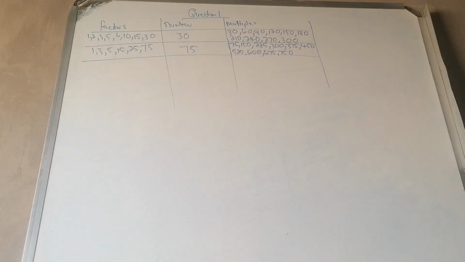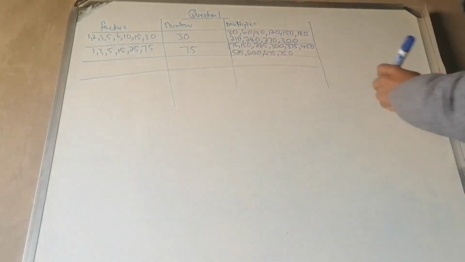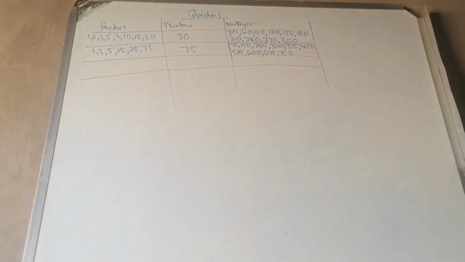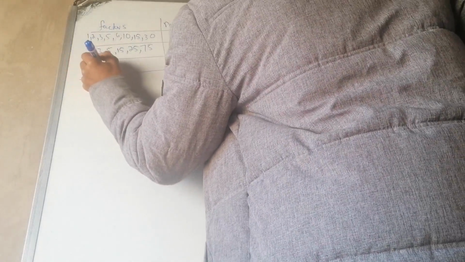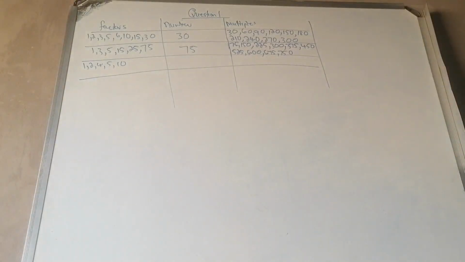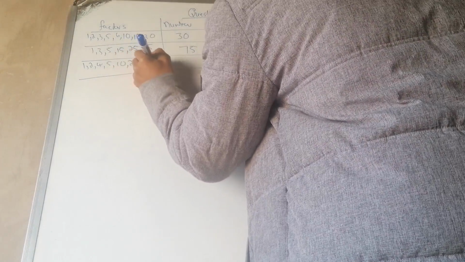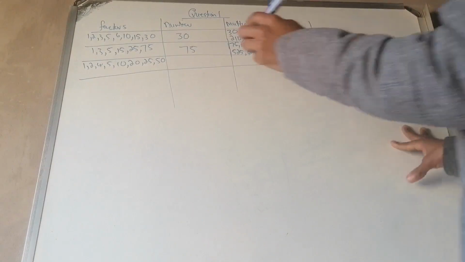The last one: the factors are 1, 2, 4, 5, 10, 20, 25, 50, 100.